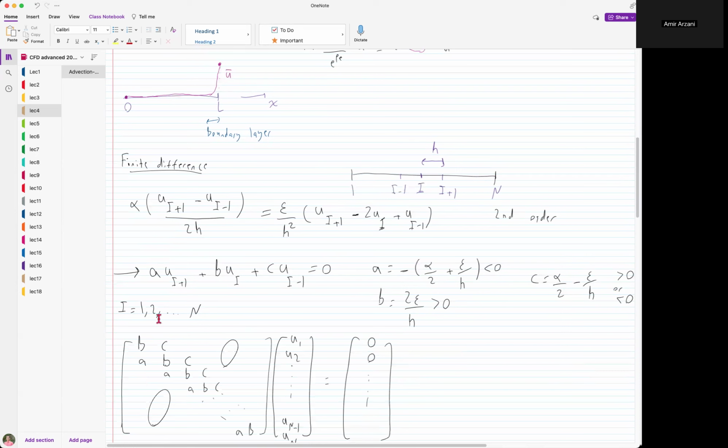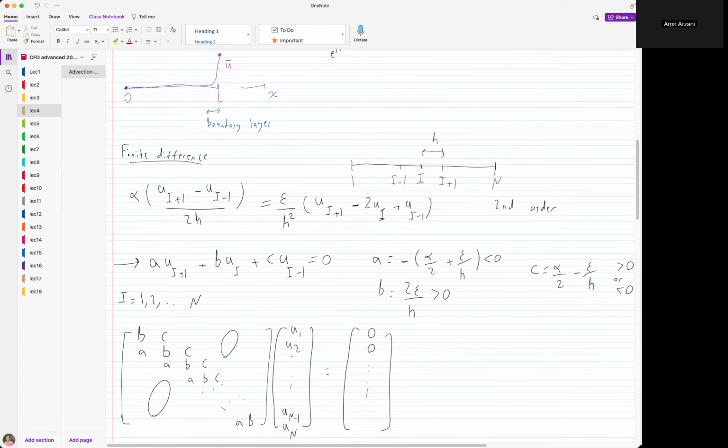Now, assuming I have n nodes, if I calculate all of these A, B, and C coefficients and group all my equations, everything comes down to solving a linear system of equations, where this vector of u's are my unknowns. I have my right-hand side, in this case zeros, and my left-hand side matrix is a tridiagonal matrix.